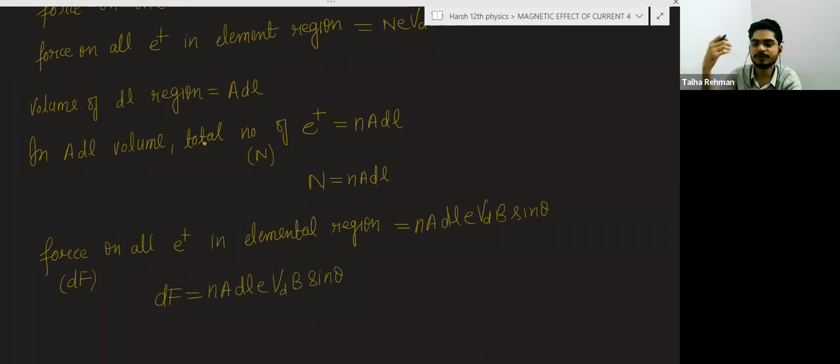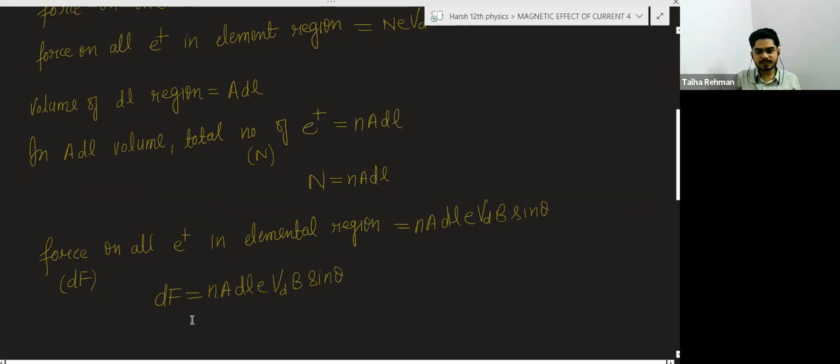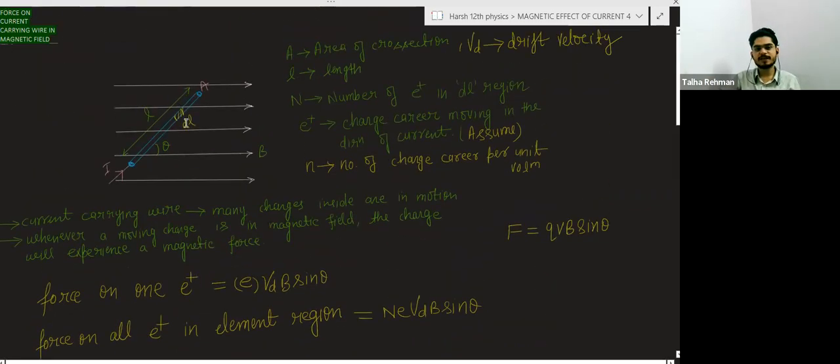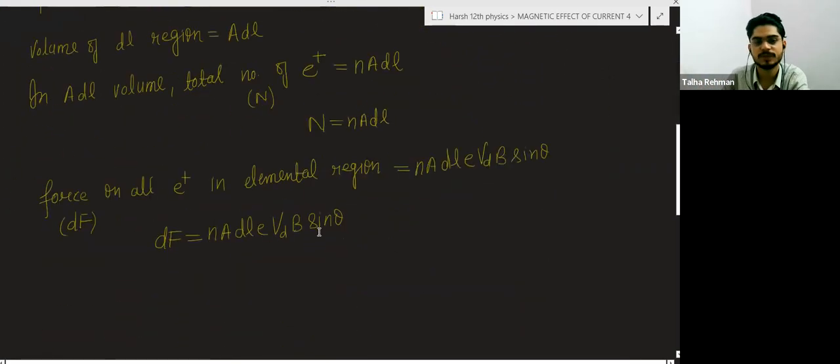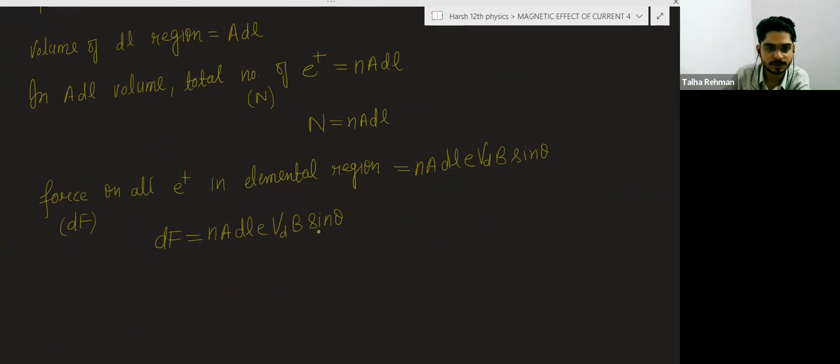Now, this DF is the force on this dL region. If you want to calculate the total force on the wire, then you have to integrate this equation.